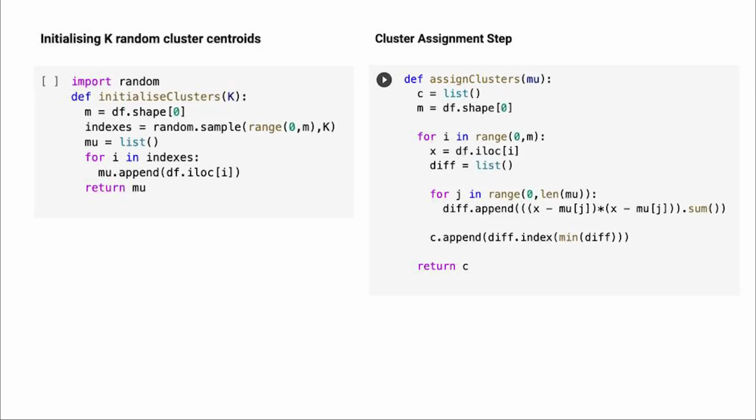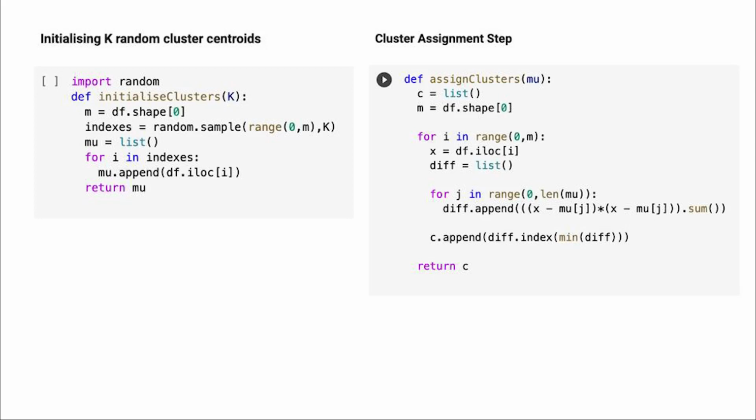We add those random data points to a list, and that is what we return. This list named mu has the randomly initialized cluster centroids, because we represent the mean as mu. That's why I named it mu.